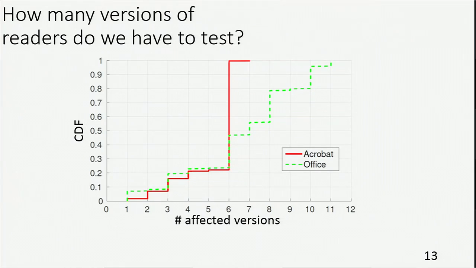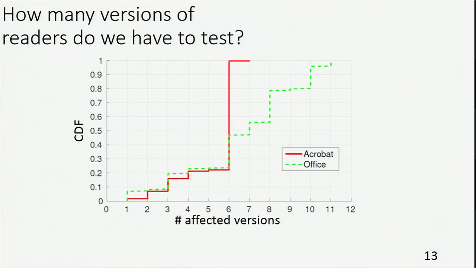Now, a question you may ask is, why the heck do we have to use so many different VMs, so many different versions? Did this all matter? Was it worth it? And so one thing that we asked is, how many versions of readers do we have to test before a piece of malware is identified? Or another way to look at this is, in this graph, which is a CDF, is what is the number of affected versions that each malware can exploit?